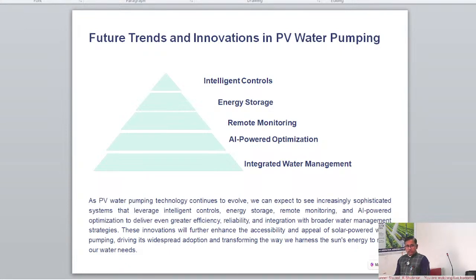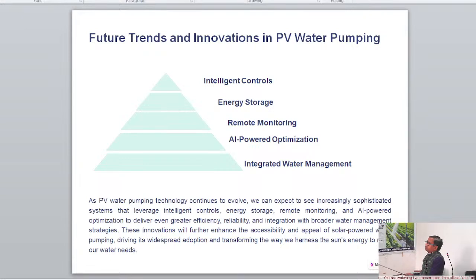If you think about this technology, then the future is bright in this direction, and you can use this whole system for better, smarter agricultural applications. We have discussed the finances and incentives in the previous slide also.